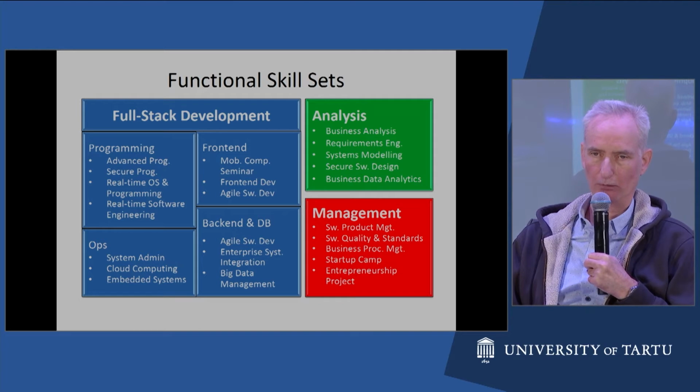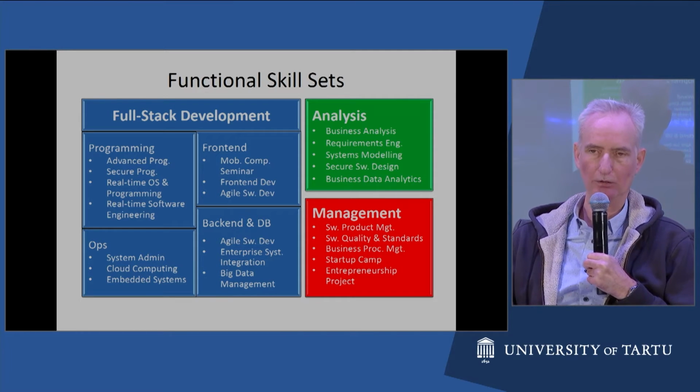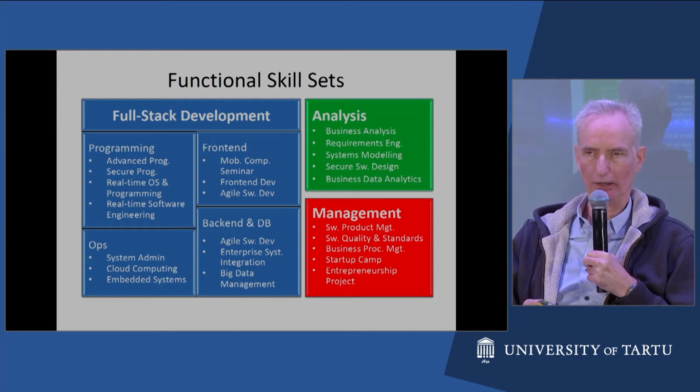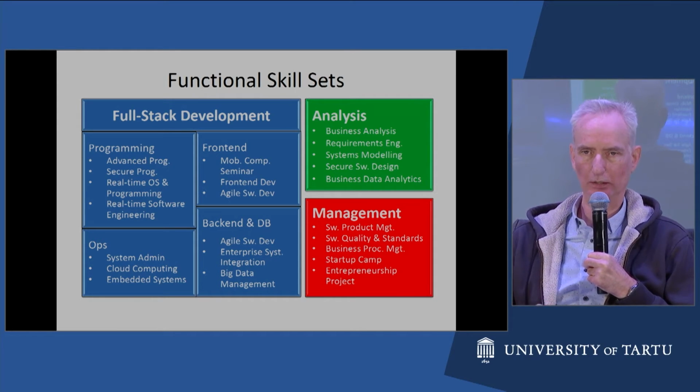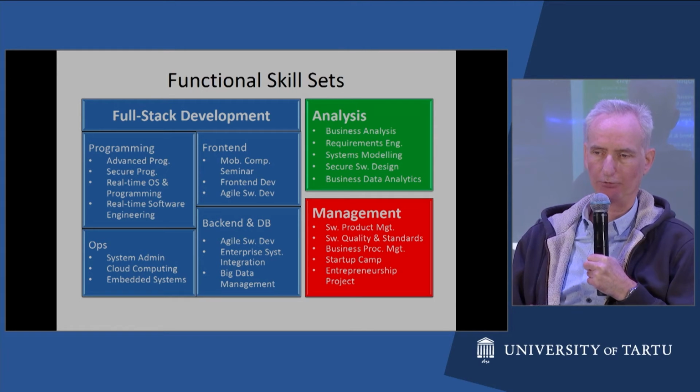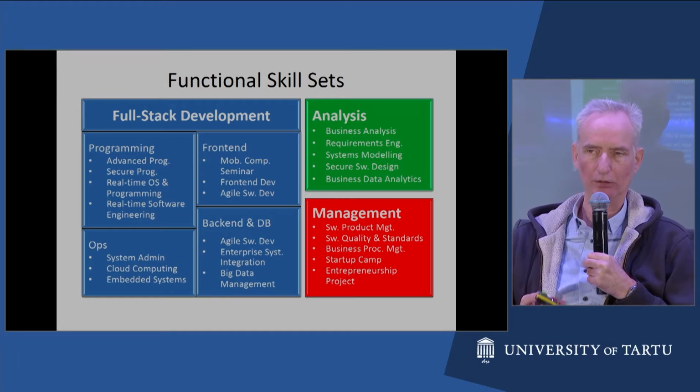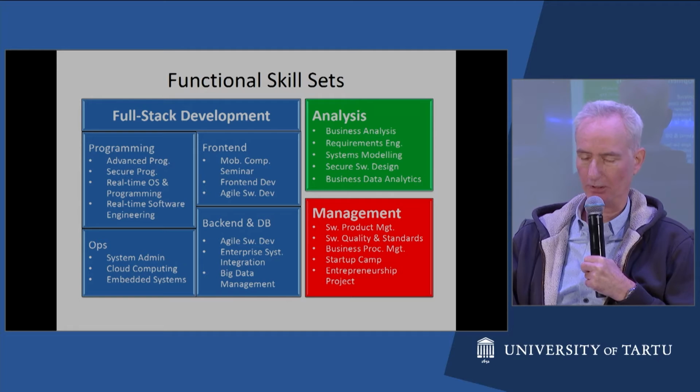We have quite good and quite many courses on that topic. And then there are these more analysis-like courses, like business data analytics. So that means that you can also, in the software engineering program, even take courses that are more related to machine learning and artificial intelligence, where you try to make sense out of data, for example, for different application domains.